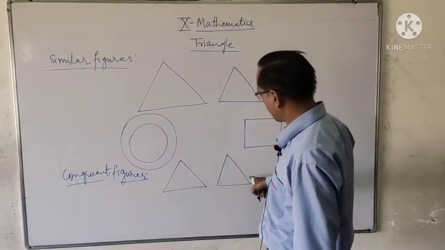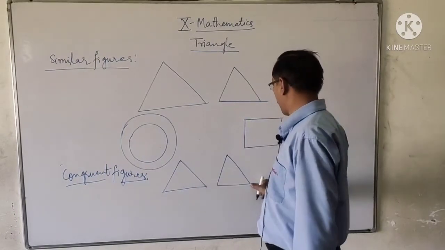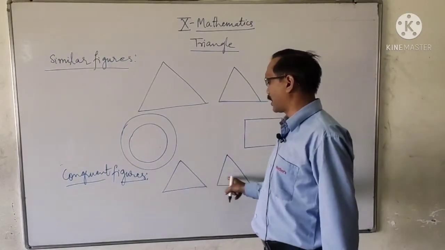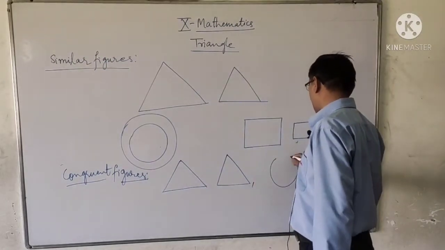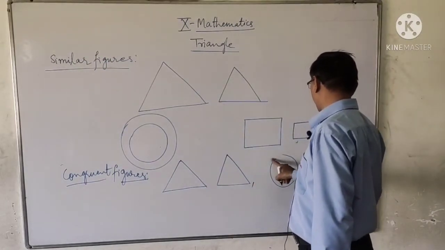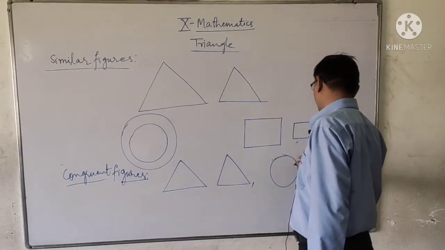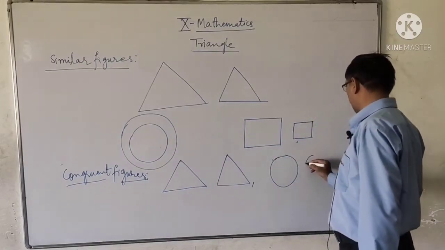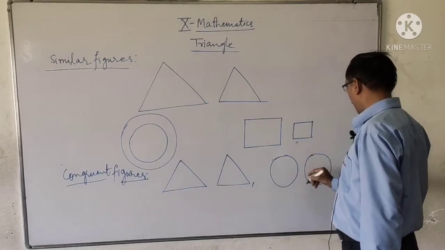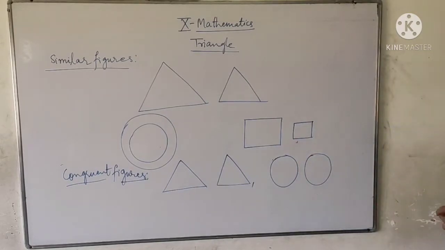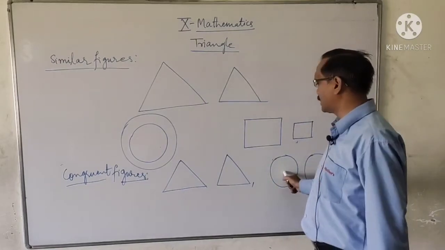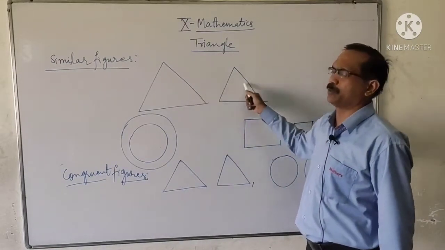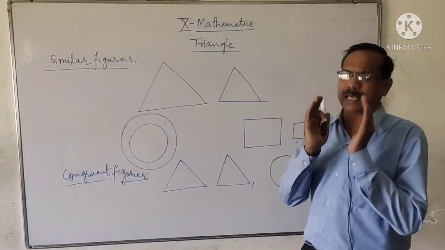Their size is also the same. Suppose there are two circles of the same size, they are said to be congruent. So two figures are said to be congruent when they are of the same size, and two figures are said to be similar when they have the same appearance.